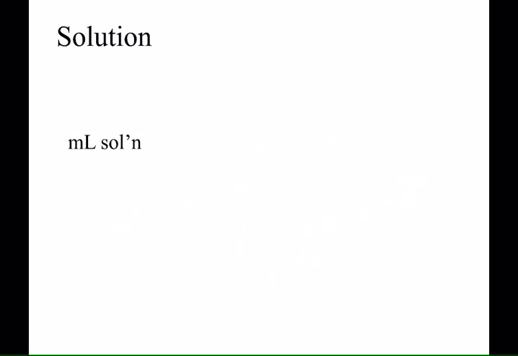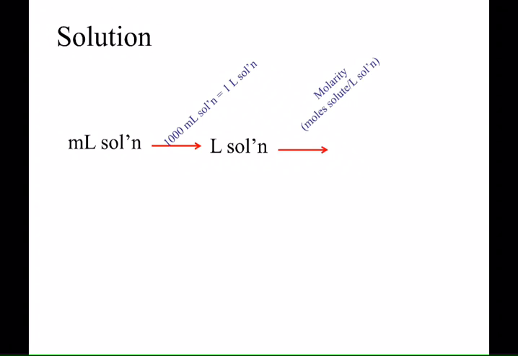I guess I didn't unpack it. Like I said before, we can't use molarity with milliliters because molarity is moles of solute per liter of solution, not milliliters of solution. So we have to get from milliliters to liters using this relationship within the metric system. And then once we're at liters, we can use molarity to get from liters to moles.